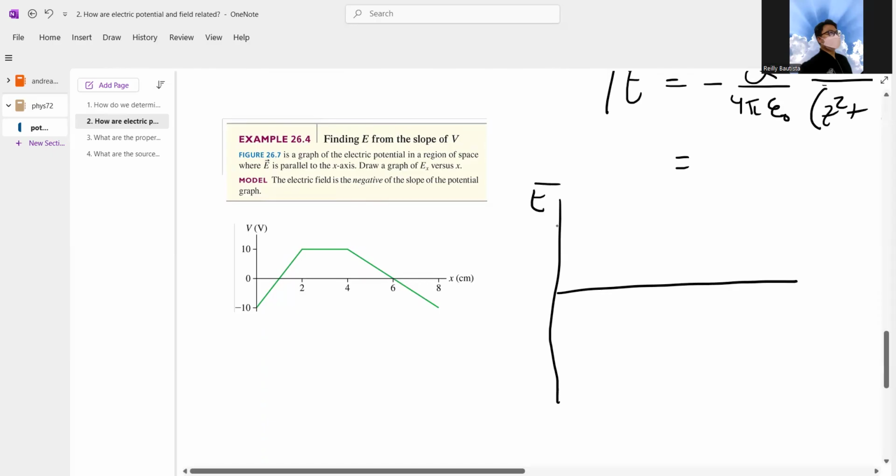Here it's positive 10, so let's make it 10. Something like this. So this is 1, this is 4. I think this is 20, and let's make this 5, negative 5.